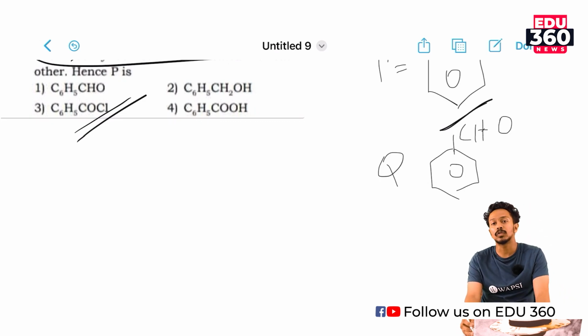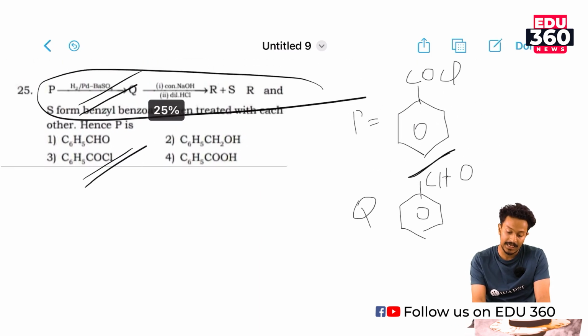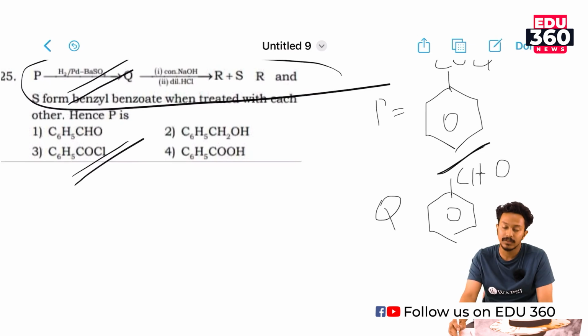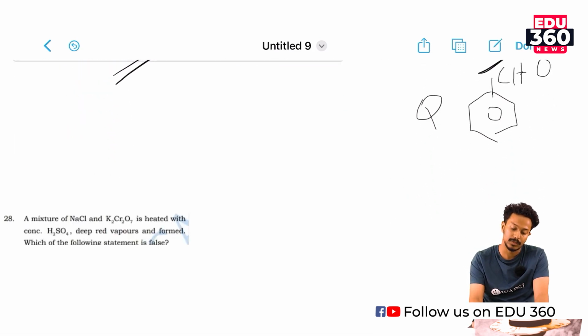Benzoyl chloride undergoes Rosenmund reduction, which is reduction in the presence of palladium and barium sulfate, to give benzaldehyde. This benzaldehyde is then treated with concentrated NaOH and dilute HCl. This is nothing but the Cannizzaro reaction. We will move on to our next question.